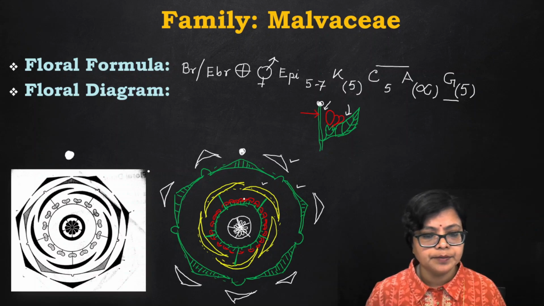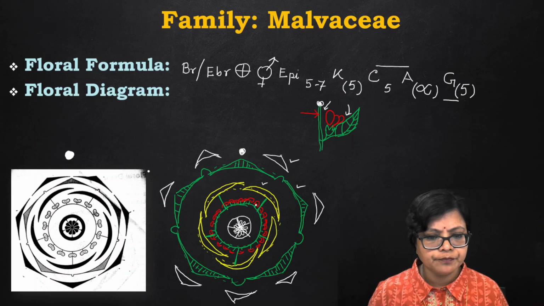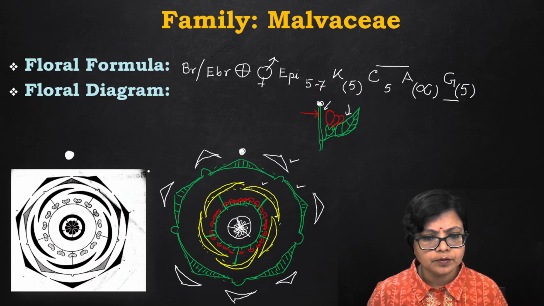Next, yellow color represents the corolla, number of petals 5, twisted estivation, and they are free from each other. So only one margin, the end of one margin is overlapping the next one in a twisted manner.